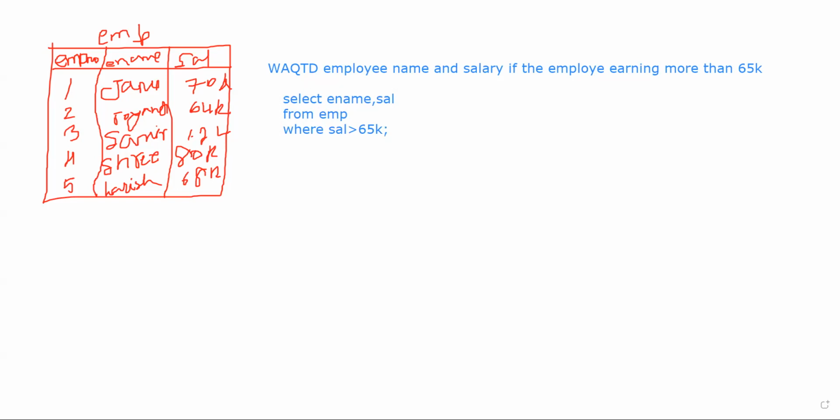Then which one will first execute? From employee. The second, this where one, salary. Okay, then third one, this one.